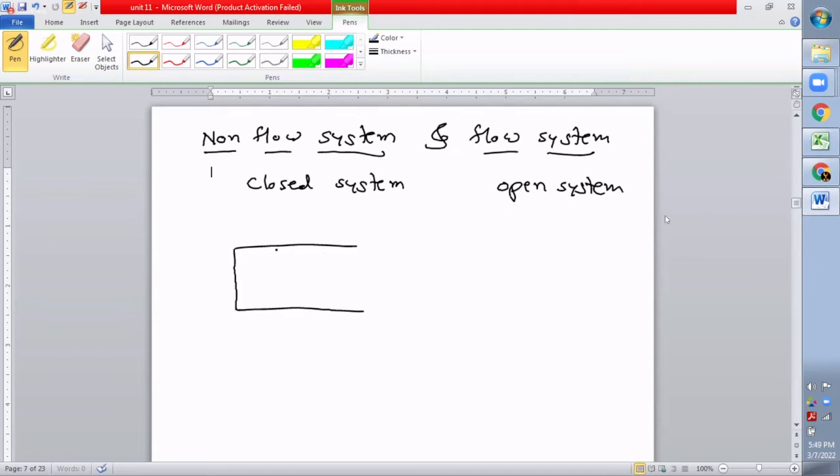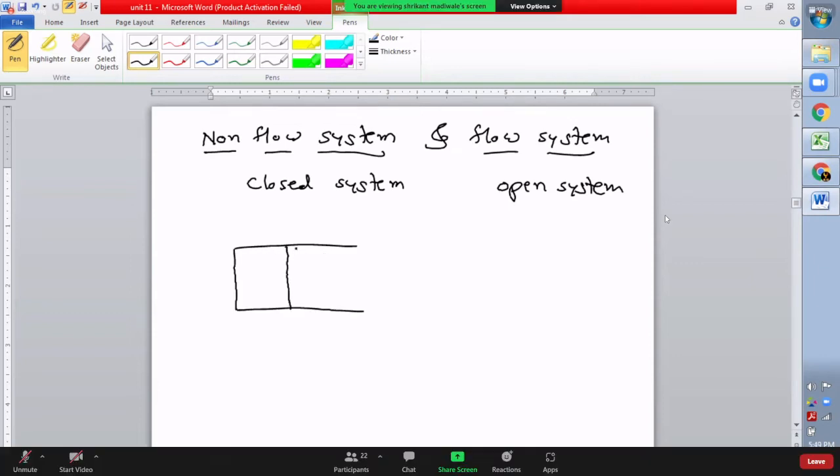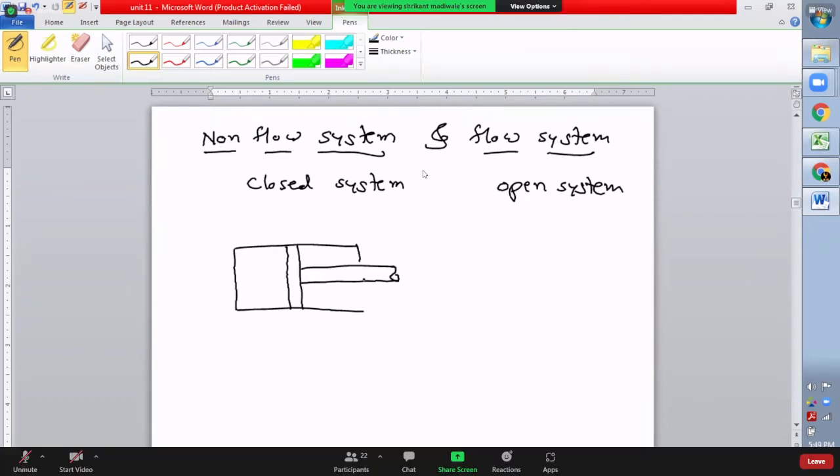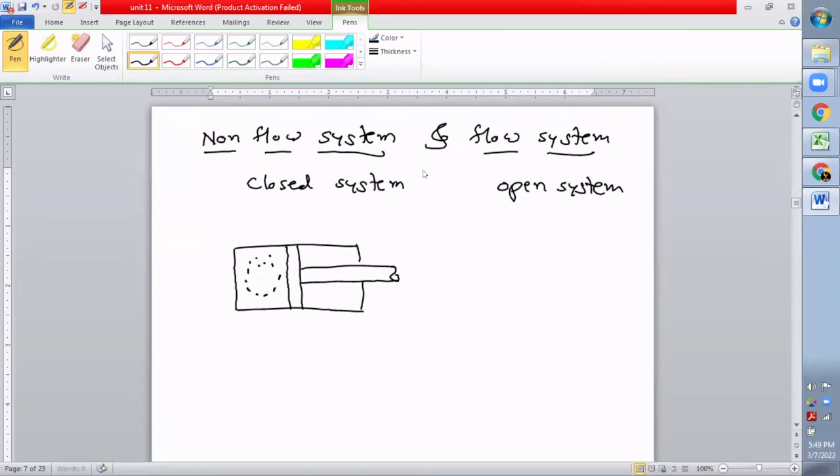So this is the cylinder and this is the piston, and this piston will reciprocate inside the cylinder. We will have some gas or working substance or working fluid inside the system, and this piston will reciprocate to and fro in the cylinder, and this gas will get compressed and expand.